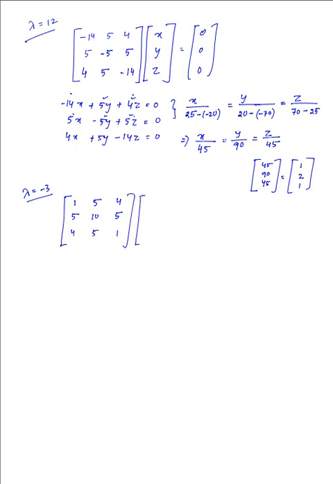This is multiplied to x, y and z, giving zeros on the right. This is going to give me x plus 5y plus 4z is equal to 0, and x plus 2y plus z is equal to 0, and finally we have 4x plus 5y plus z is equal to 0.